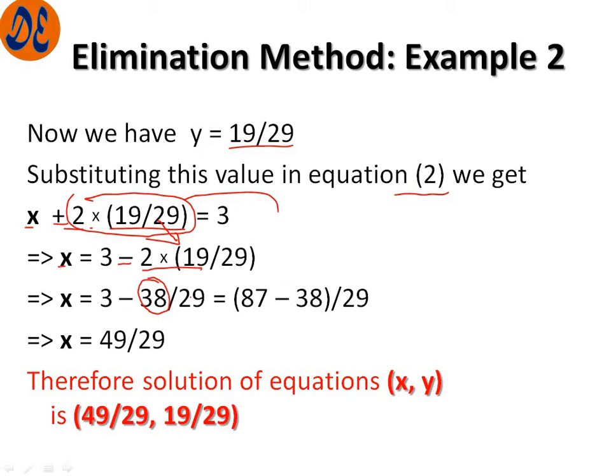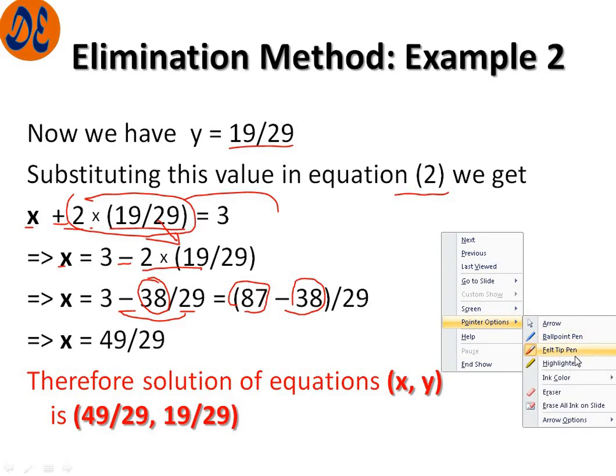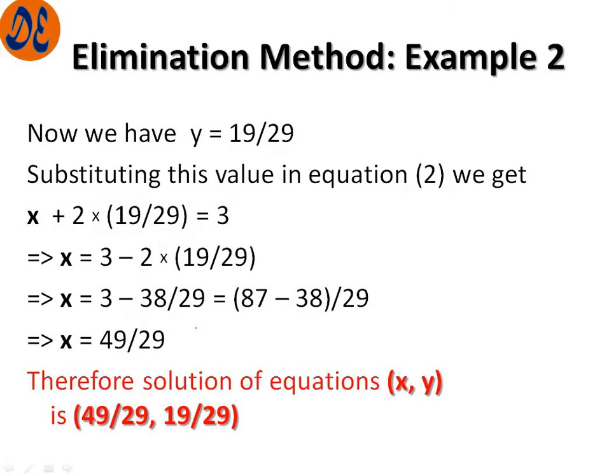When we take the LCM as 29, 29 into 3 is 87, so 87 minus 38 by 29. So we are near the solution: x is equal to 49 by 29 is the value of x. So we have got x is equal to 49 by 29 and y is equal to 19 by 29. So this is the solution we can obtain using the elimination method.